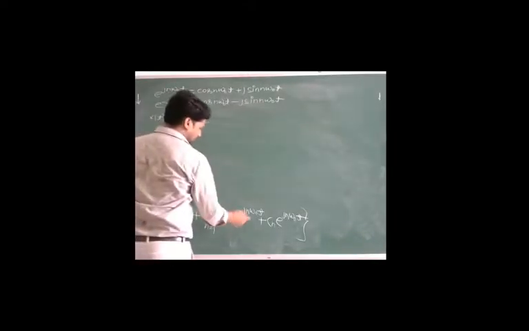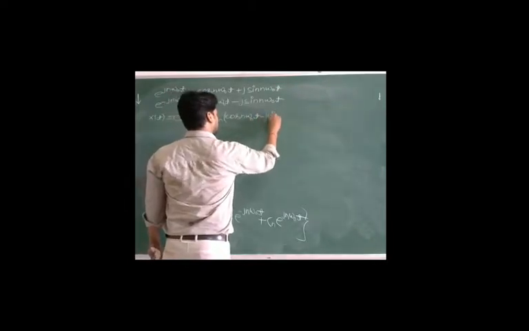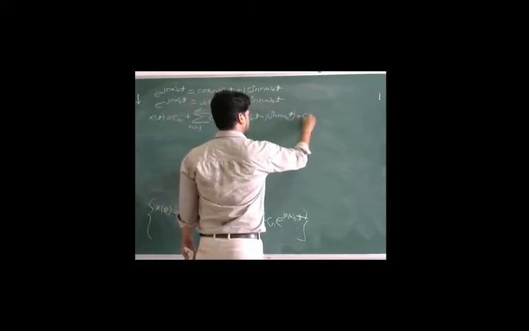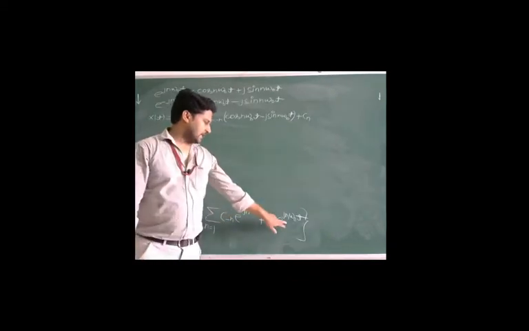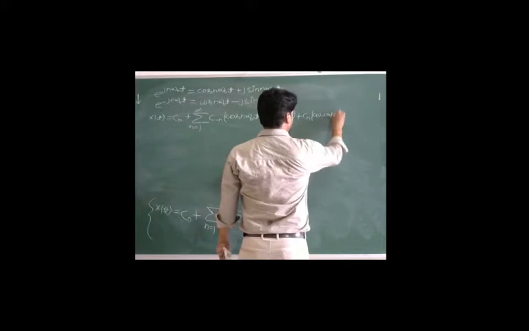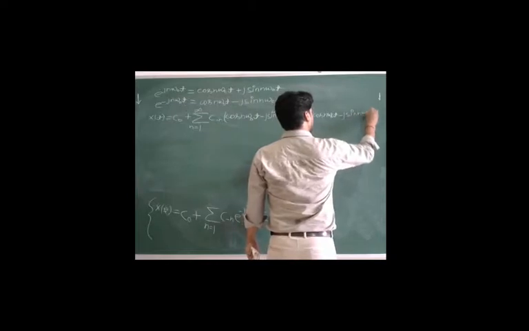In place of e power minus j n omega naught t, we will write c of minus n, and in place of this, I will write this, which is cos of n omega naught t minus j sin n omega naught t, plus c n into, in place of e power j n omega naught t, I will write this expression cos n omega naught t plus j sin n omega naught t.